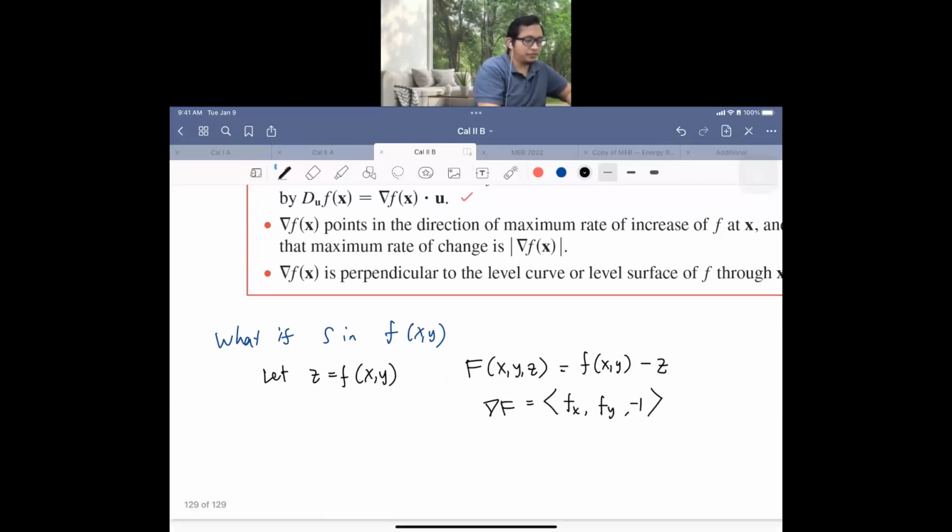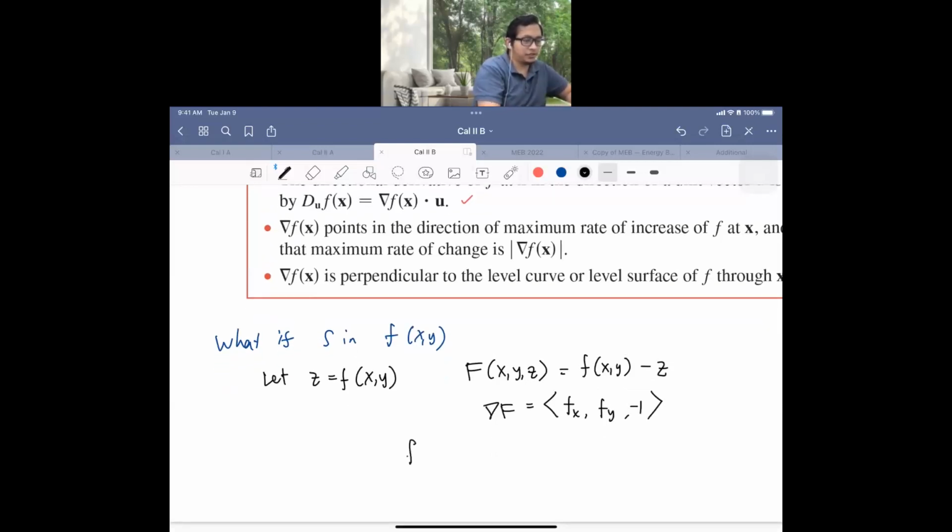Now the tangent plane from here, we are going to connect this with the previous tangent plane. This will be f_x (x minus x0) plus f_y (y minus y0), and then minus 1 times (z minus z0). And this is perfectly similar to what we have done in 14.4.